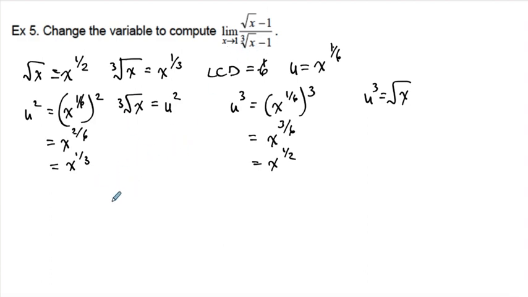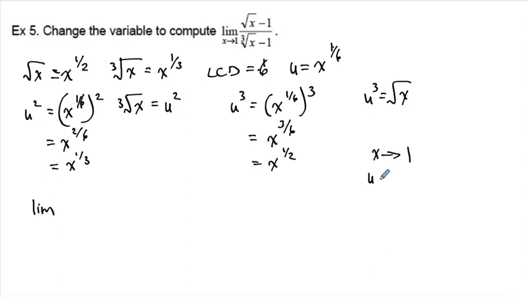So what do I know? I'm not going to use x approaches 1 anymore because I'm changing my variables to u's instead. If x approaches 1, what is u going to approach? Well, u is equal to x to the 1/6.